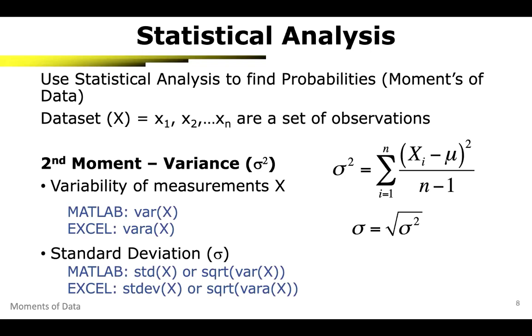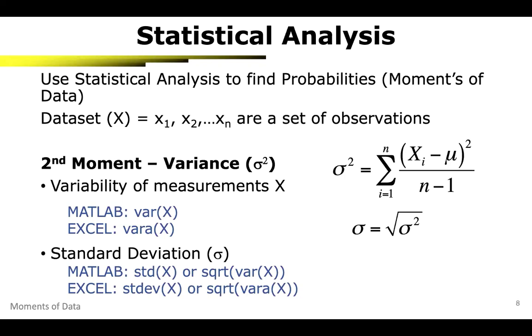It's just a measurement of how variable your data set is. And in MATLAB, you can calculate the standard deviation using std of X, or you can calculate the square root of variance, which is essentially showing this here. In Excel, similarly, you can calculate standard deviation using STDEV of X or square root of VAR of X. So you can use your tools to calculate the first and second moment of the data set.